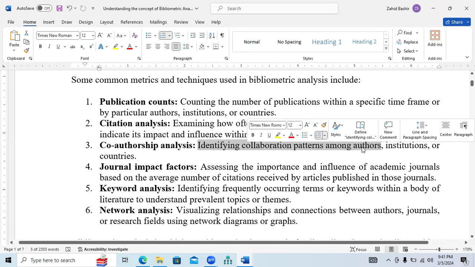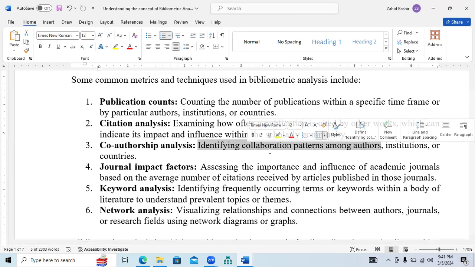Like, if a person is working in sustainable finance from Pakistan, his collaborating author may be working in USA, America, or some other country. So it shows how authors from different countries or nations are collaborating.